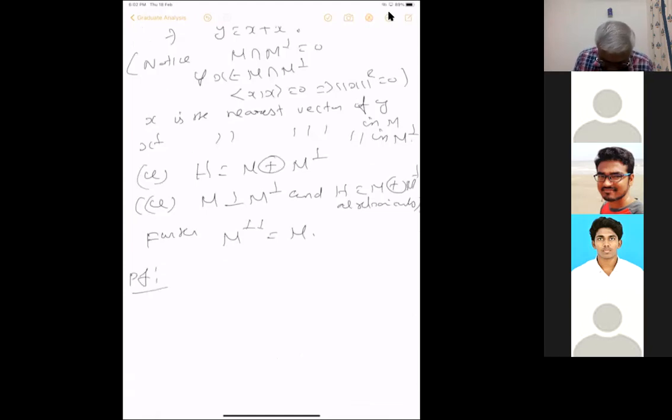So let y be in H. We have M contained in H and y is in H. Then choose x in M, the nearest point, such that the distance from y to M equals the norm of x minus y.